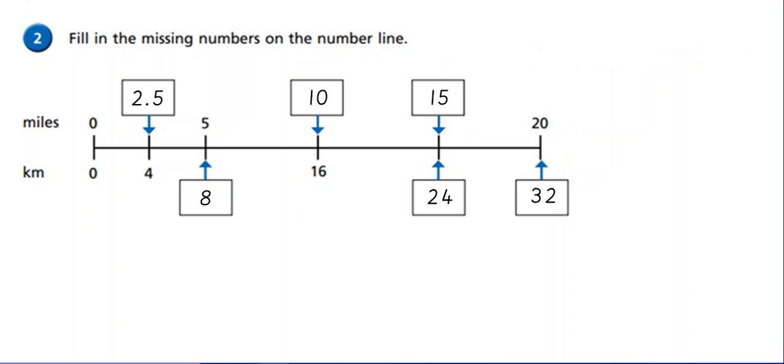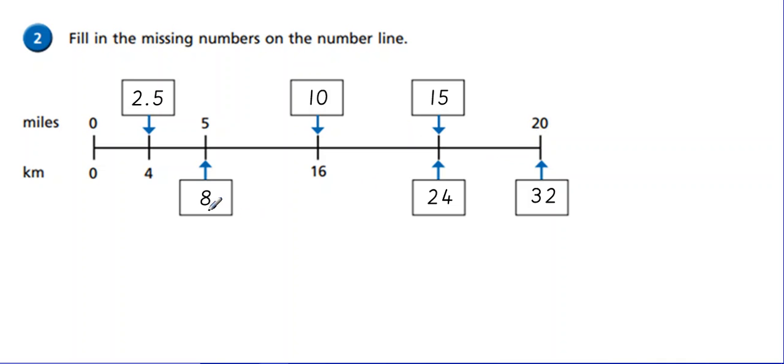Okay, let's have a look at the answers then. So your first one is 2.5 because 5 divided by 2 is 2.5. So then you've got 5 and you've got 8, which we already knew. Double 8 is 16, so you double your 5, which is 10. Then here we've got 15 miles, okay, because if you look at your equal spacings, it's going up in 5 miles, isn't it?